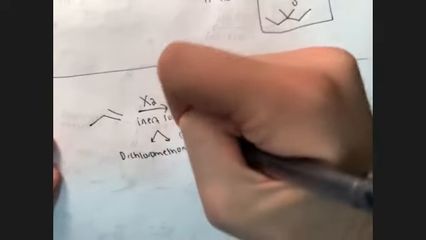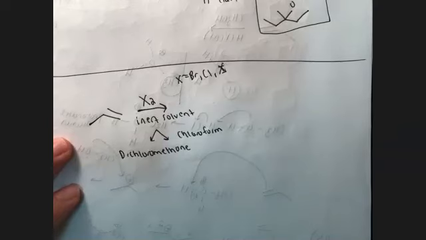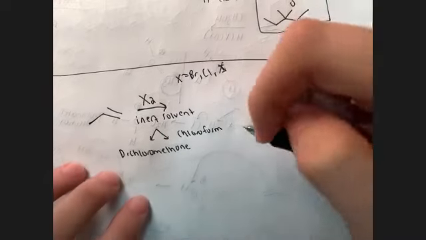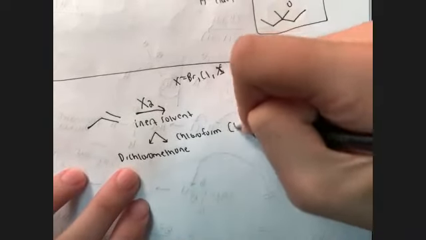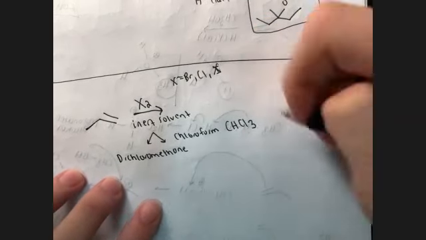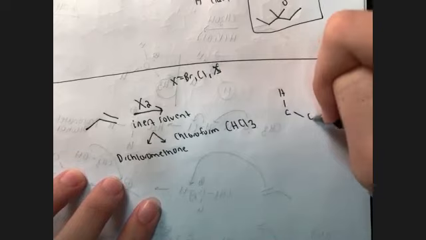So dichloromethane or chloroform. And yes, if your eyes are lighting up, that is the chloroform that is abused and used in not good ways, not legal ways. So chloroform has the chemical formula CHCl3. Okay, so that's if you guys actually wanted to know what it looked like for fun.